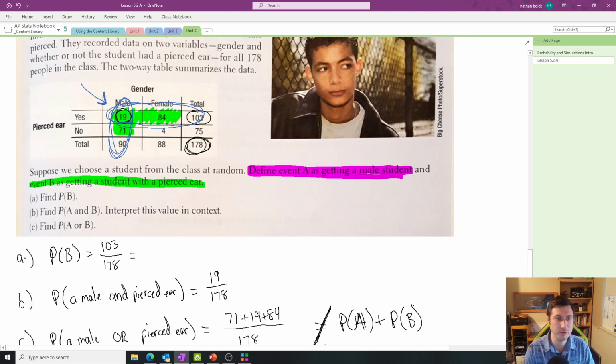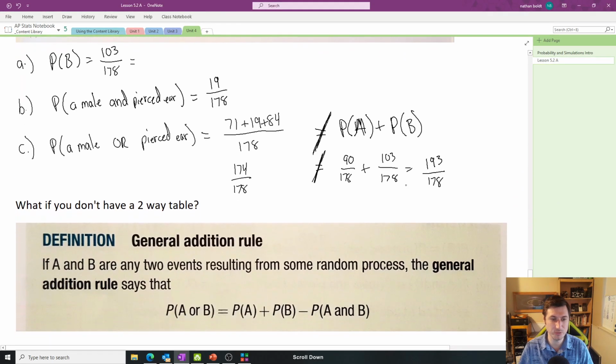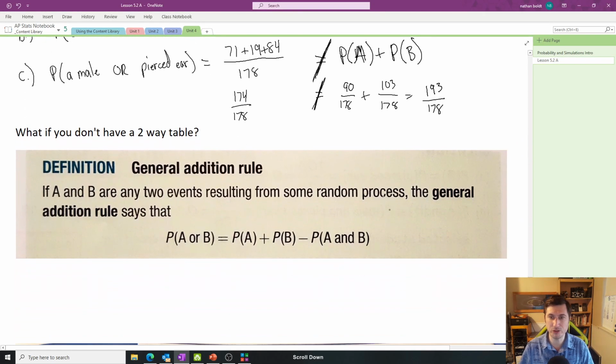Because these weren't mutually exclusive, if you do that simple addition rule, you double count one of the parts of your two-way table. You can't do that. So how do we fix it? Well, because you double counted one, you have to subtract it off.